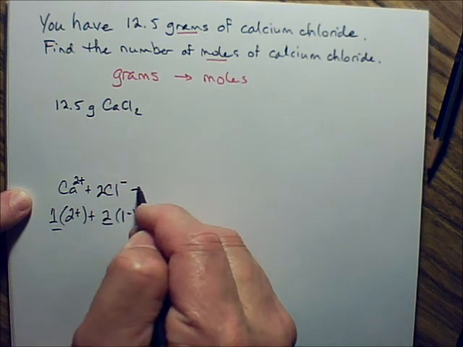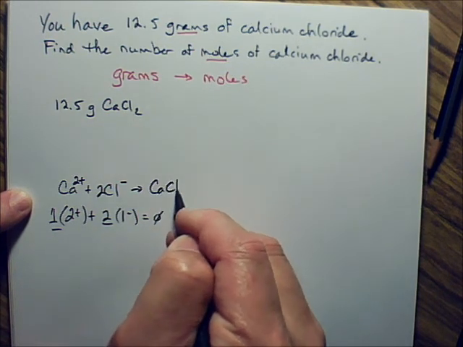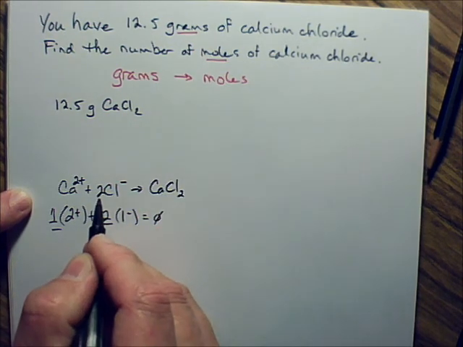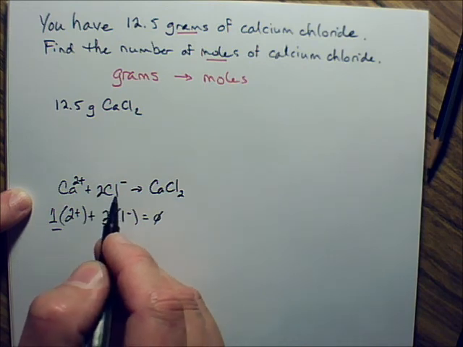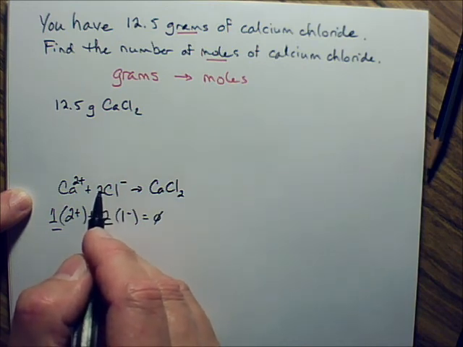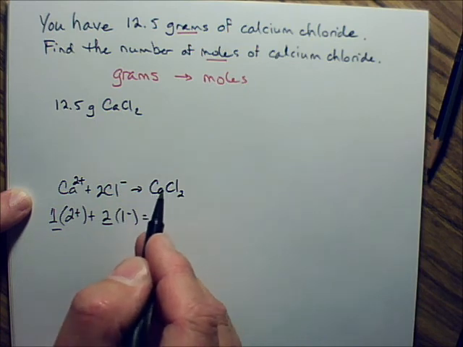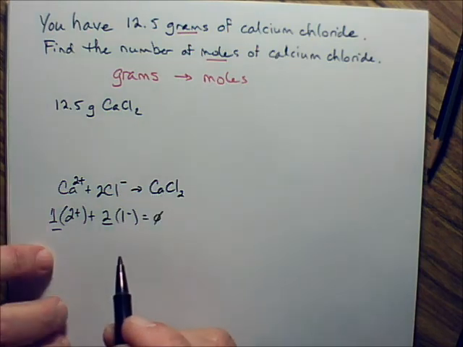That becomes a 2 here, and the formula is CaCl subscript 2. So the coefficients here become subscripts when you bond everything together. Okay? That's where it came from.